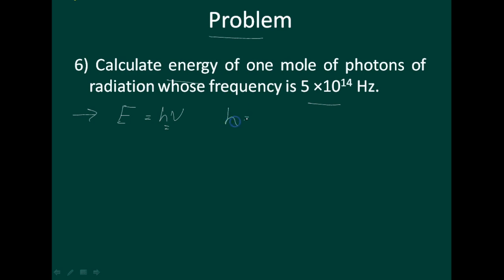We know h is Planck's constant, 6.626 × 10^-34 joule second.